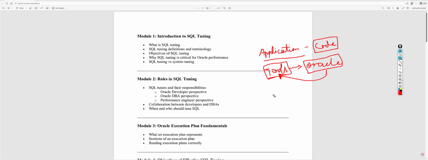The other way is to not use the tools, and also not rewrite the query. This is the third way of tuning the SQL, only with the execution plan. For generating the execution plan, we will be using some commands, but those are internal tools only.